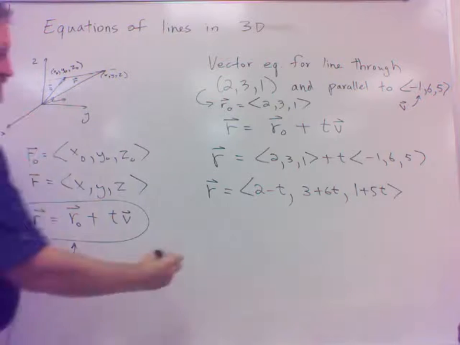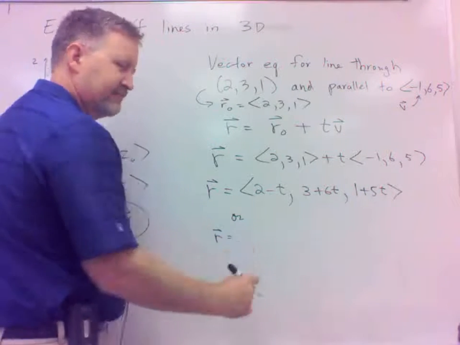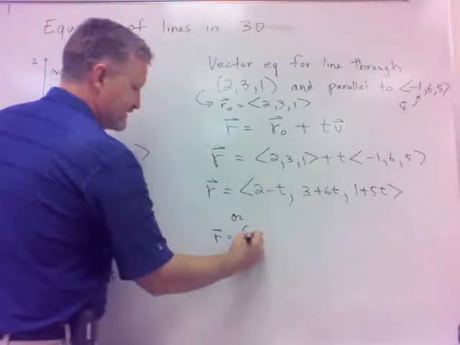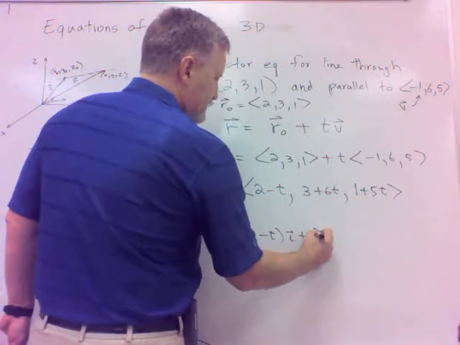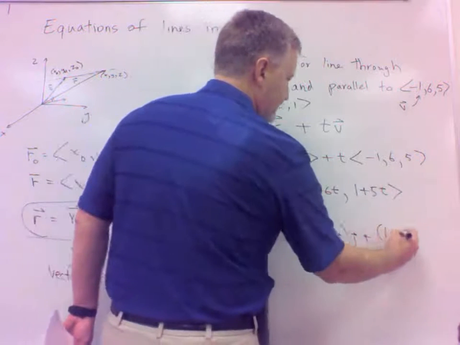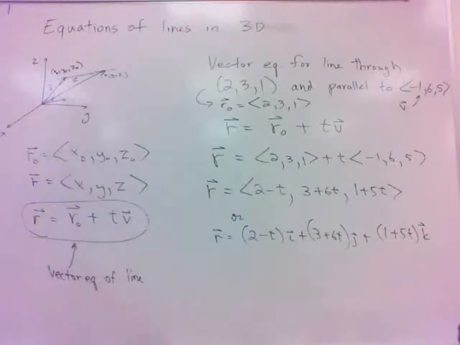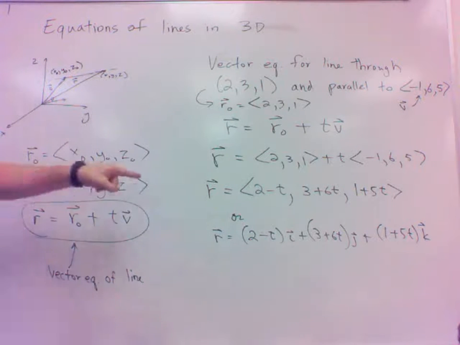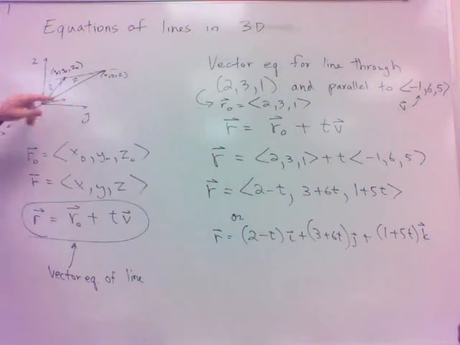We could write that using the ijk vectors. The book has 2 minus t i, plus 3 plus 6t j, plus 1 plus 5t k. Okay, all saying the same thing. It's just that now this line is really determined by where the tip of the arrow points.